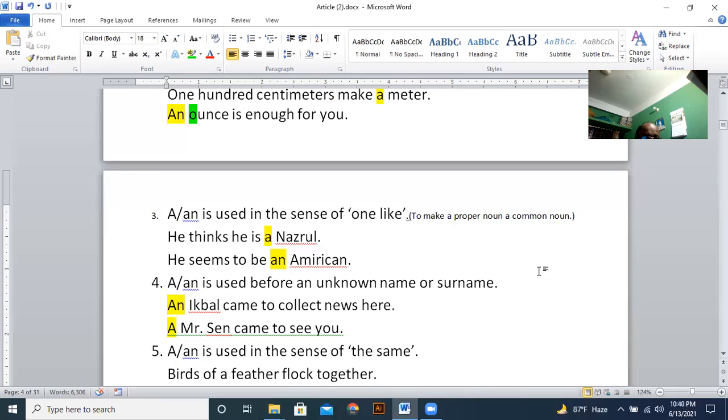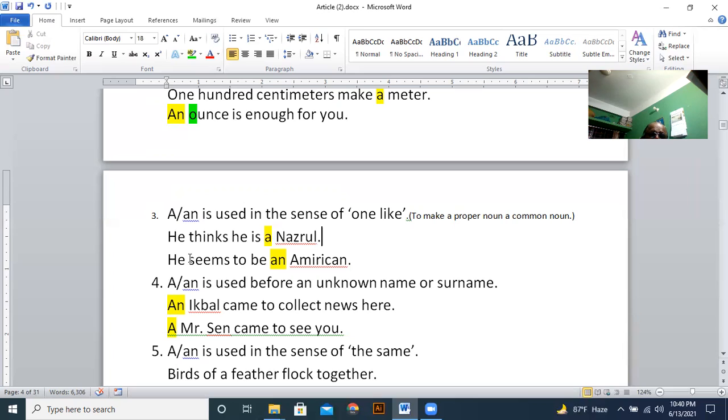To make a proper noun a common noun, before Nazrul we use a.